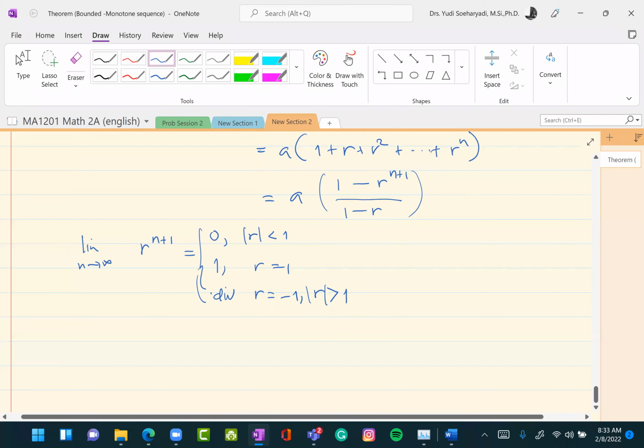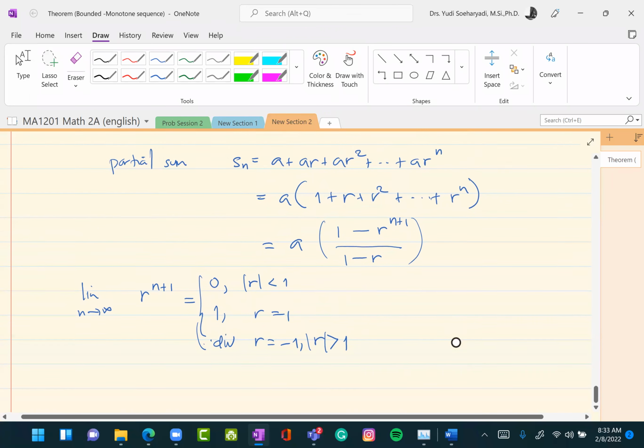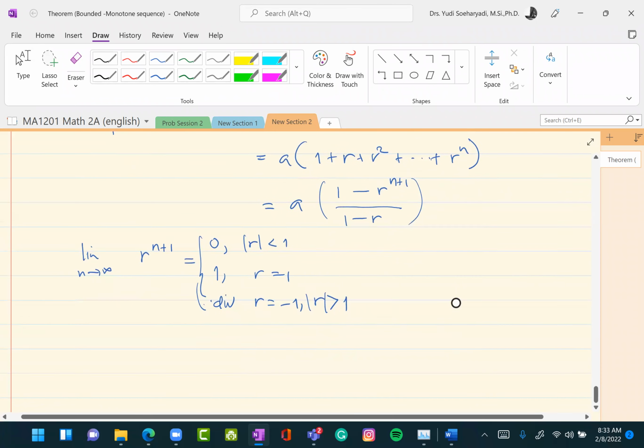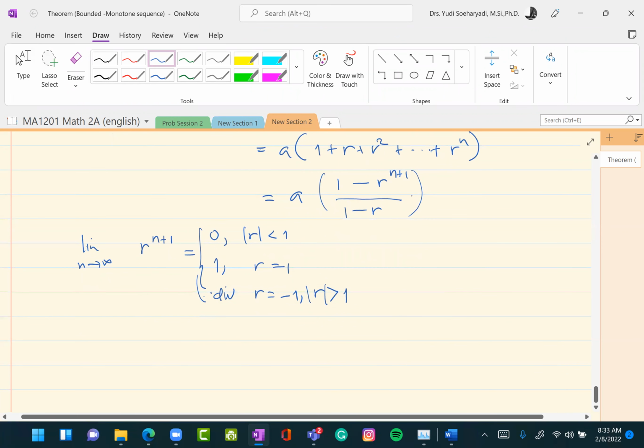Okay. All right, so this is the reason this converges to 0. That's the one.